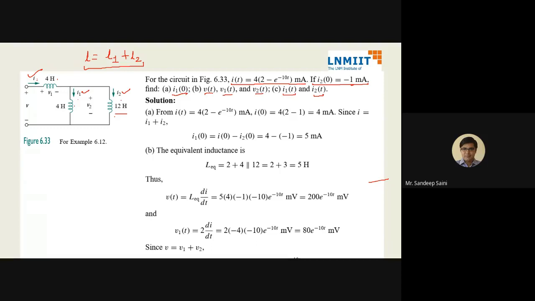Is that fine? Okay, now what are the things that are given to me? I am given the equation of I and I am also given the initial value of I2. In this equation of I, put t equal to 0. What do you get?